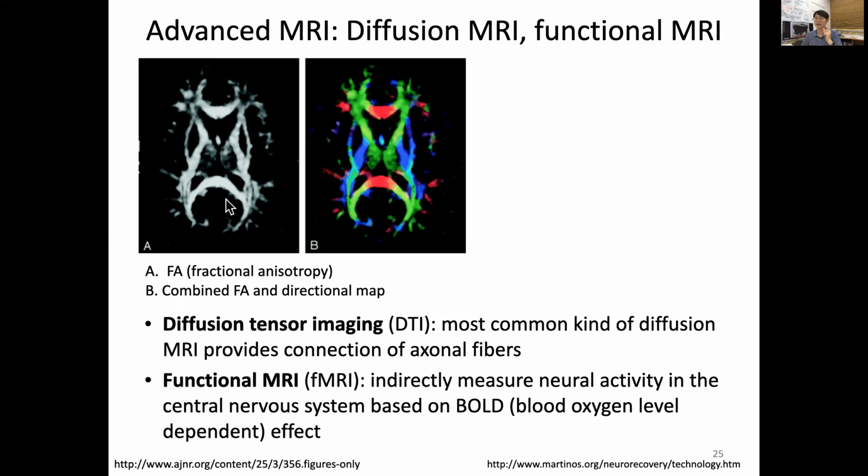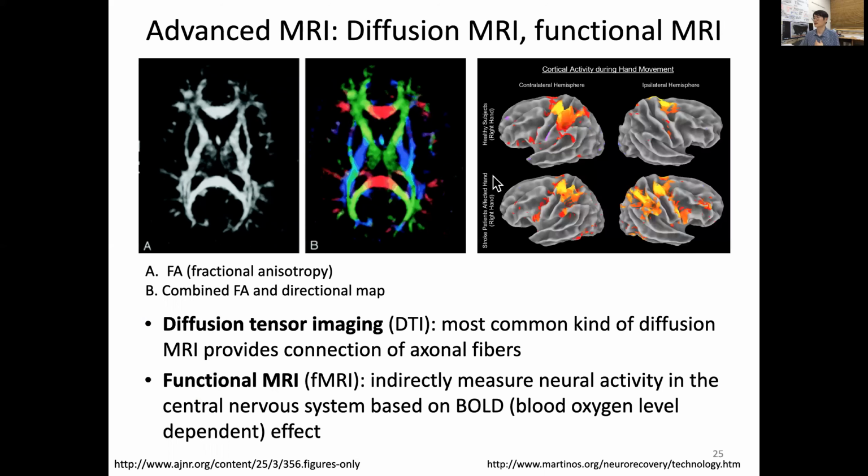So we take that anisotropy as a contrast, and then we can have this nice fiber tract inside the brain. And if we assign colors by directionality, then we get more information, called DTI, or diffusion tensor imaging, a common type of diffusion MRI. This provides the connections of axonal fibers.